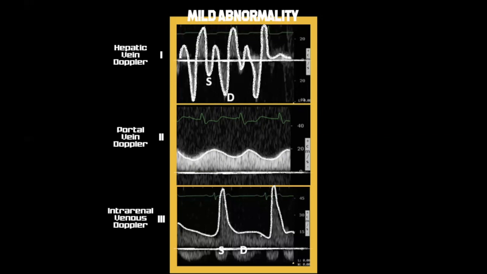You've got a peak that tallies with the systolic peak of the renal arterial flow, and a second peak that tallies with the diastolic component of flow. We call this biphasic flow, and that's a mild abnormality of intrarenal venous flow, and that increases your VExUS score. This will give you a mildly abnormal VExUS score.